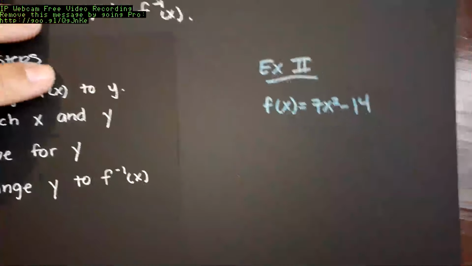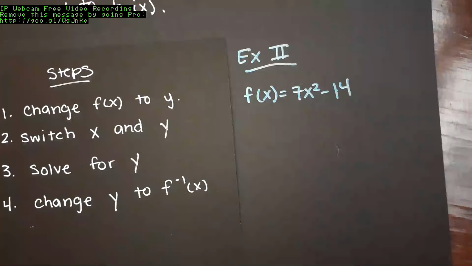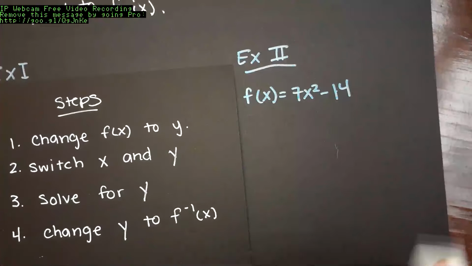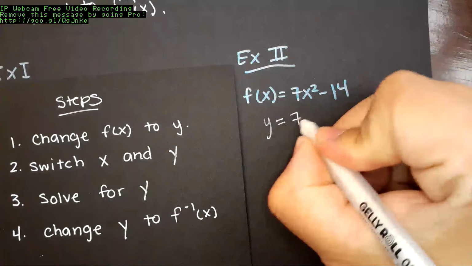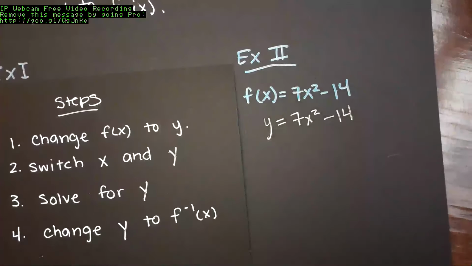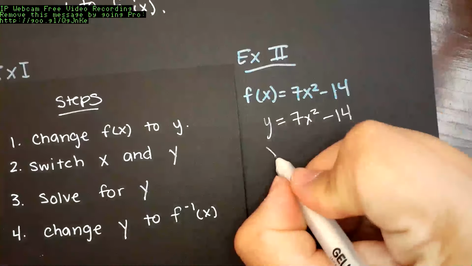Okay, let's try another example. For this one, I have f of x equals 7x squared minus 14. So again, my first step, change my f of x to y. So y equals, that's the only thing I'm changing. Everything else stays the same. My second step is to switch my x's and my y's.